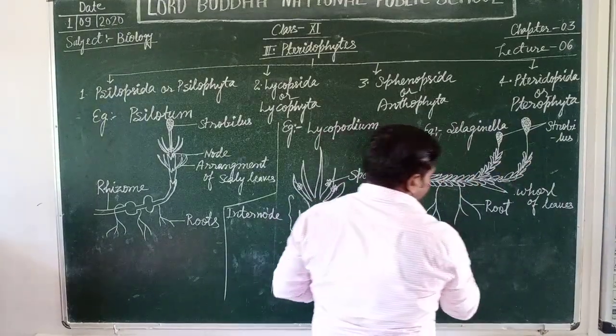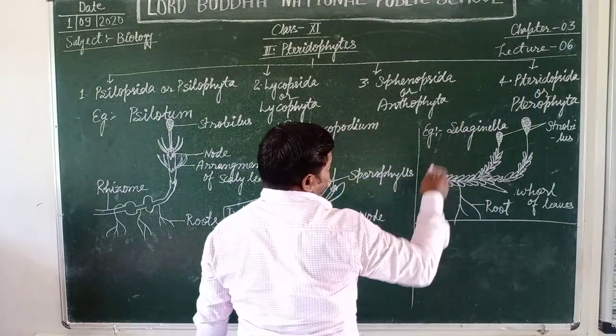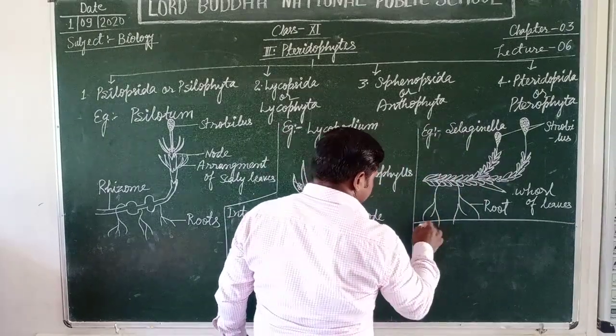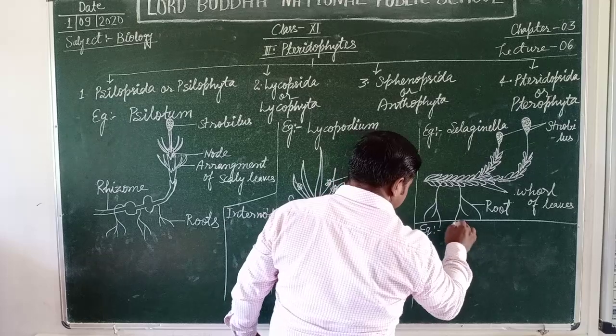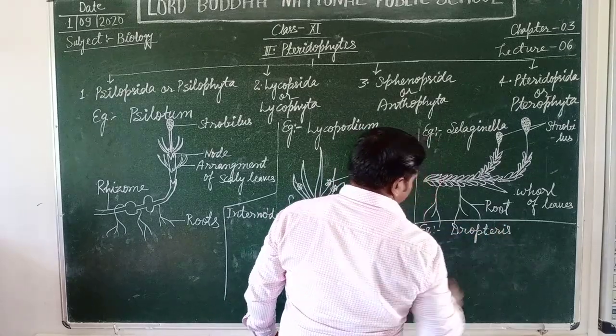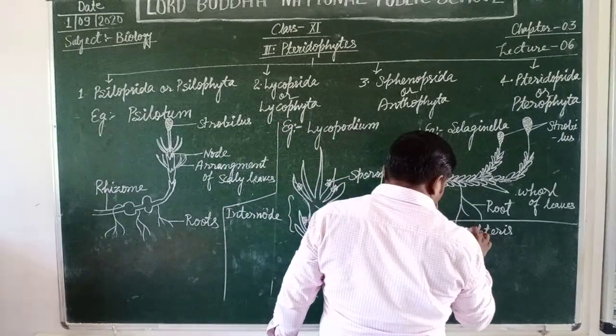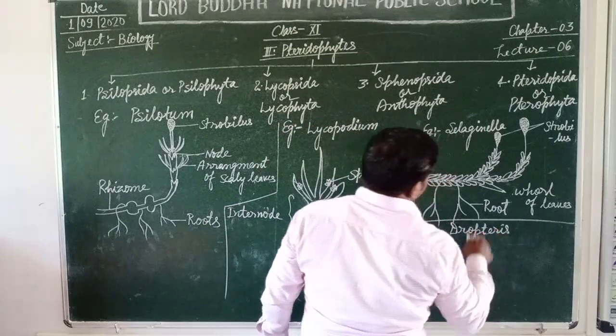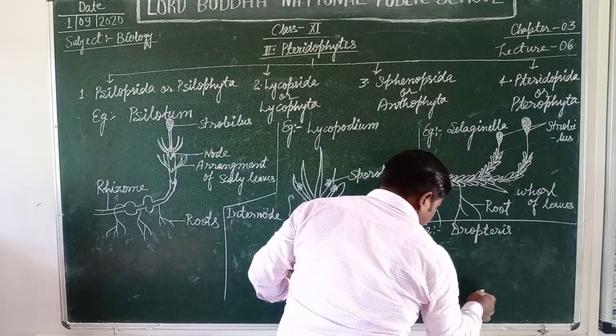If we take the example of Pteropsida pterophytes, then Dryopteris is the best example of Pteropsida.